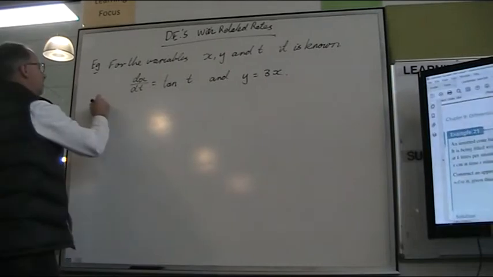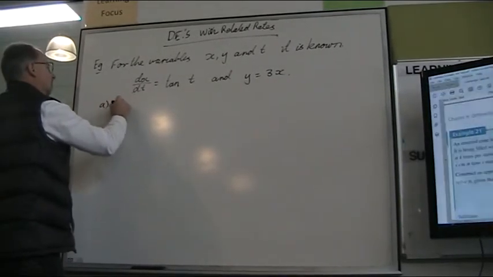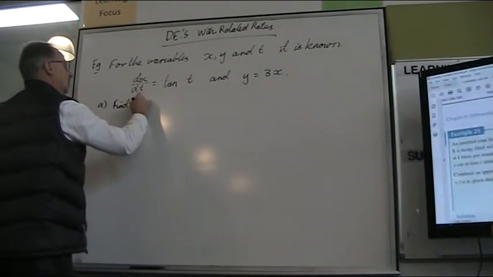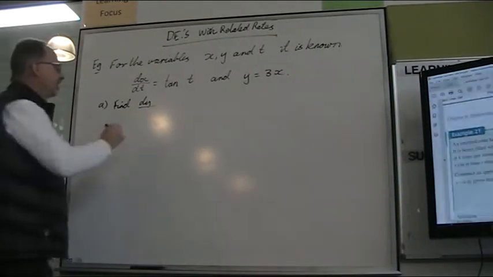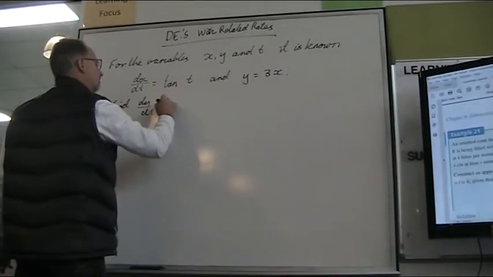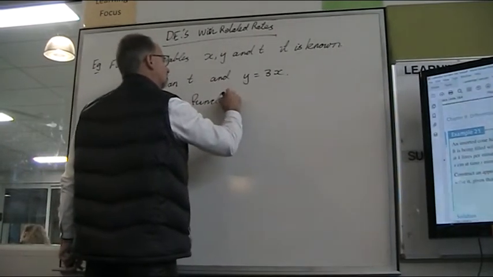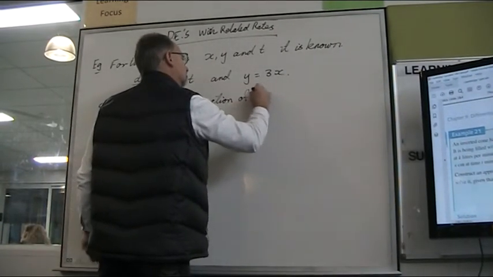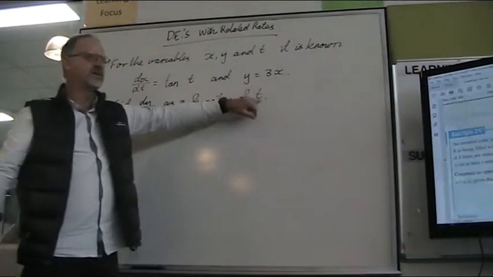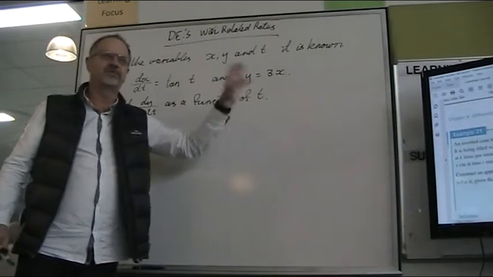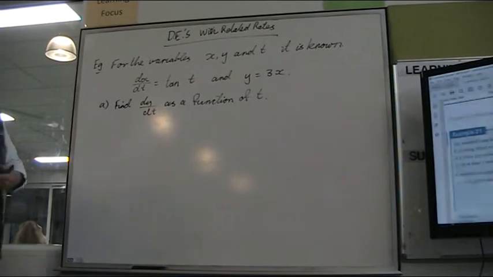So part A says find dy/dt as a function of t. Whenever it says it's a function of something, that just means that's the variable that's in your sum.